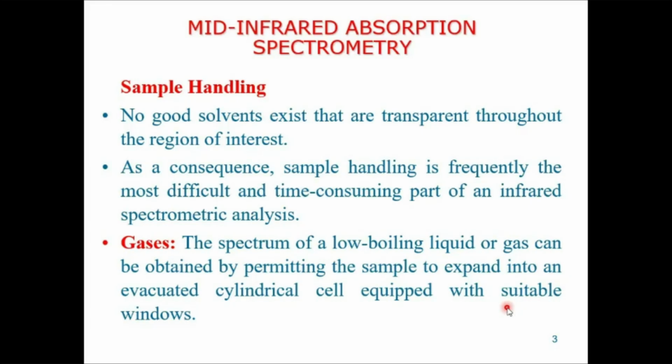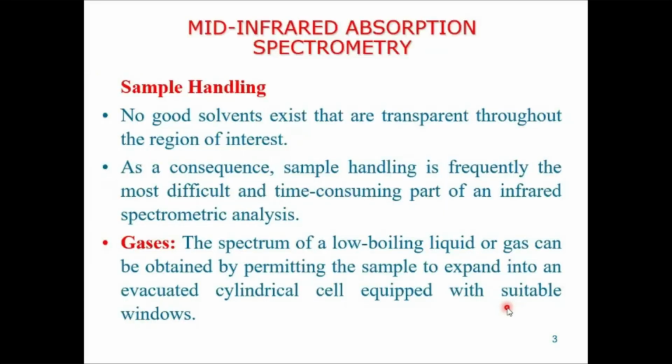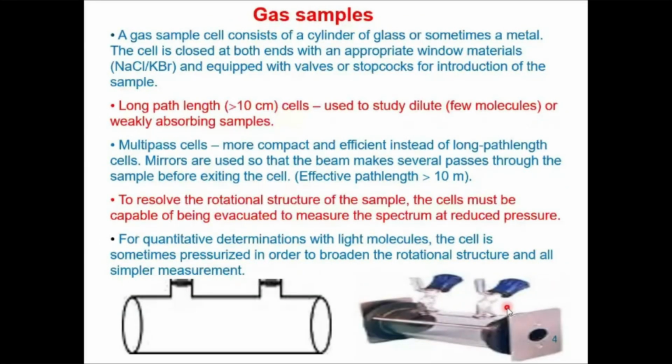So gases, because they are dilute, will require a lot of gas or a lot of boiling liquid producing that gas. So the chamber through which the IR radiation travels is large, or at least you will require several reflections of the IR radiation while it is passing through it.